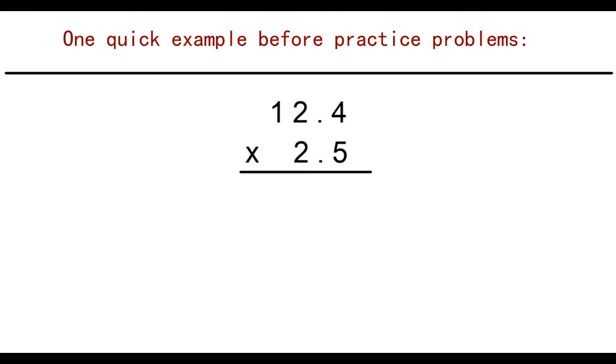So this will be the last problem that I actually go through the multiplication steps for. Otherwise, I will give you the product in terms of just the digits, and then we'll adjust for the decimal place, but I will take you through this problem from start to finish. 5 times 4 is 20. Carry the 2. 5 times 2 is 10, plus 2 is 12. Carry the 1. 5 plus 1 is 5, plus 1 is 6.